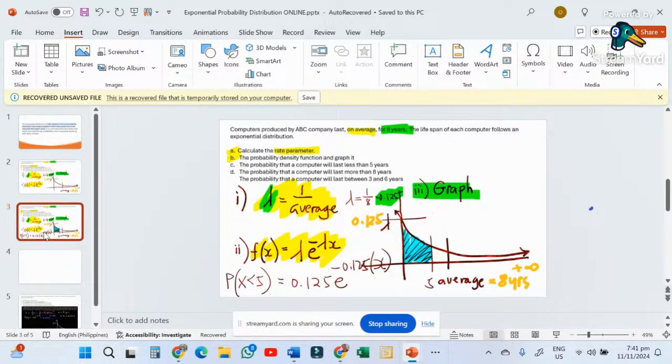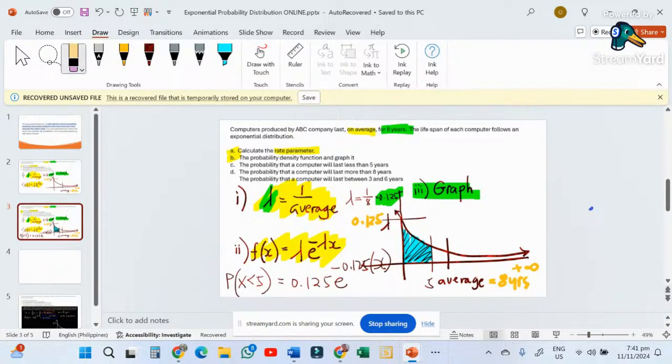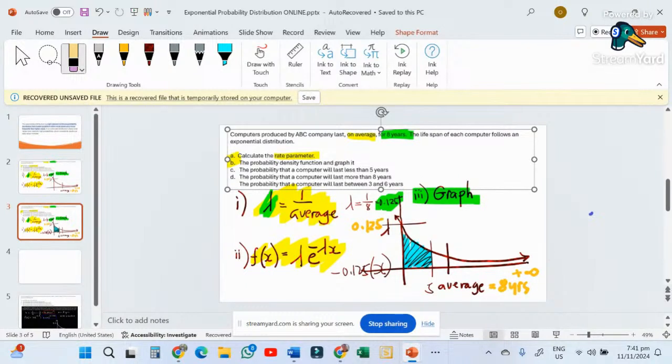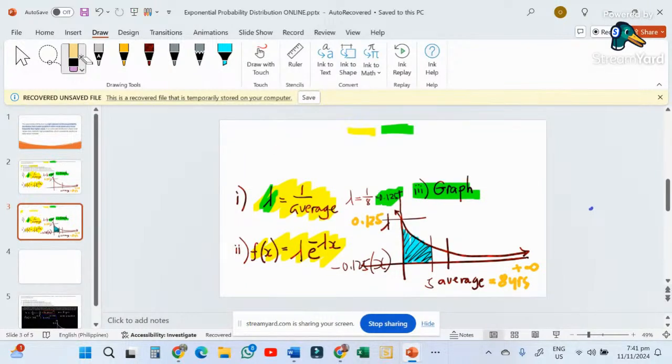Or I'll just copy the entire. I will remove this one, because I have shown you already the calculation a while ago. Right.